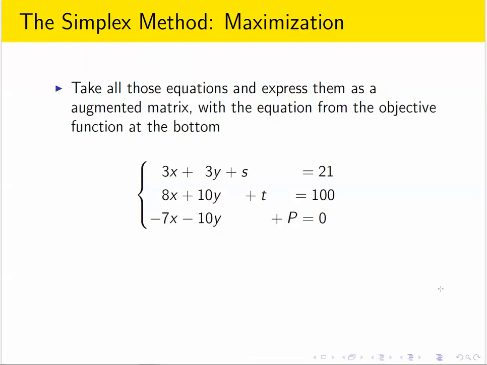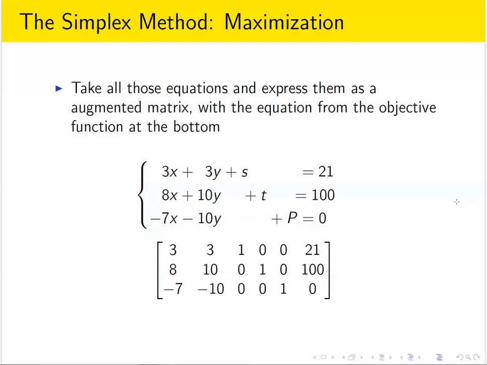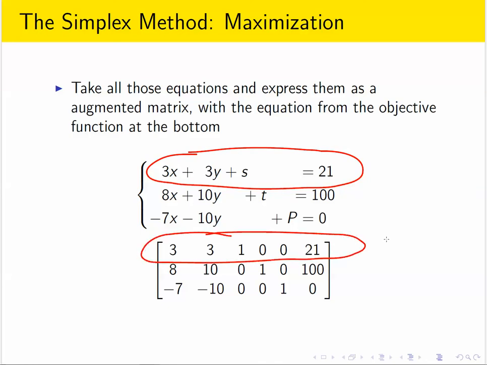We take all of those equations with the one from the objective function last, and we change that into an augmented matrix. So just like when we are applying the Gauss-Jordan elimination method for solving a system of equations, we are simply taking the coefficients from each equation and converting them into the entries for rows of a matrix in order.